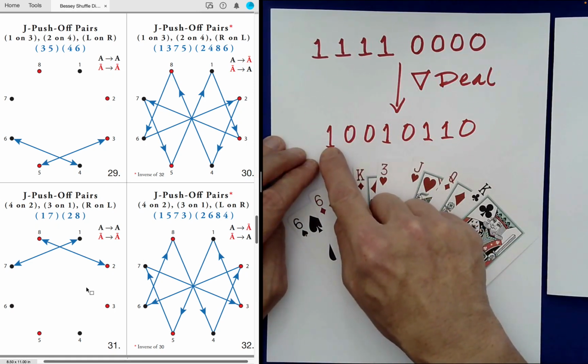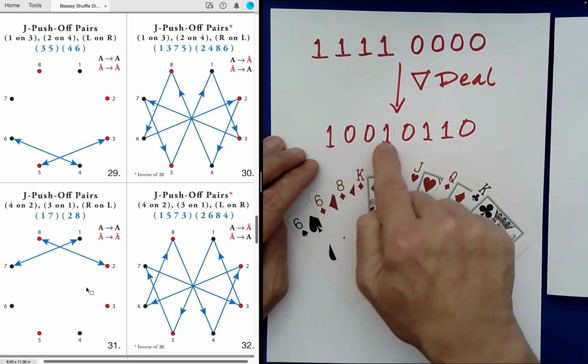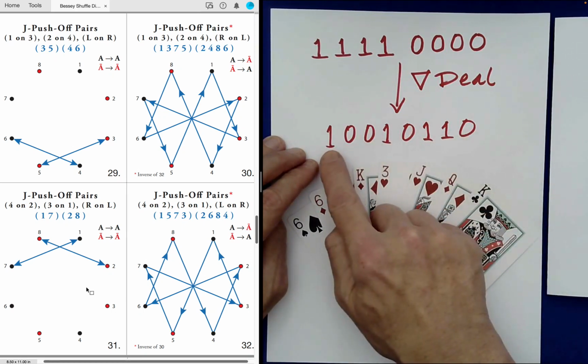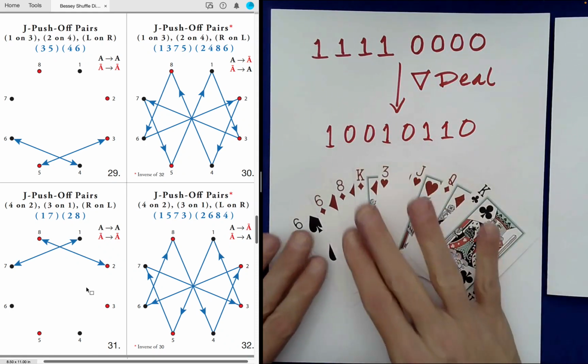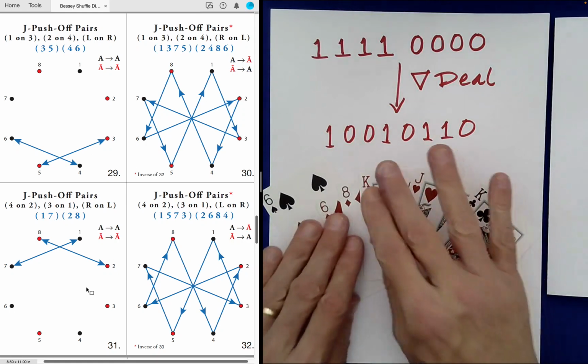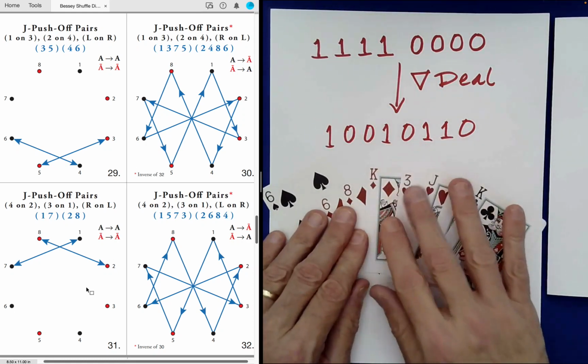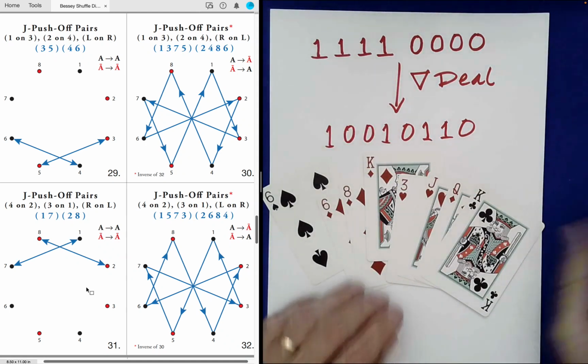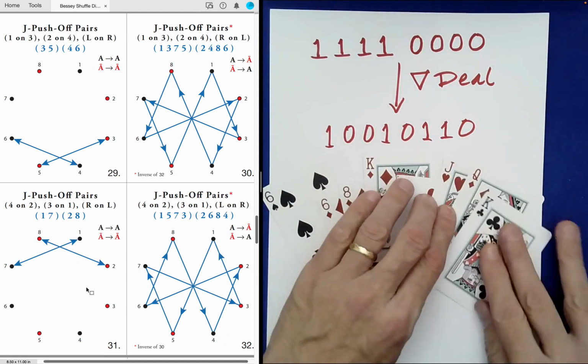Remember, special positions are 1, 4, 6, 7, and 2, 3, 5, 8. So why don't we focus on 1, 4, 6, 7? Position 1's right there. There it is. Position 4 is the king right there. Positions 6 and 7, let me move that out of the way, are right there.